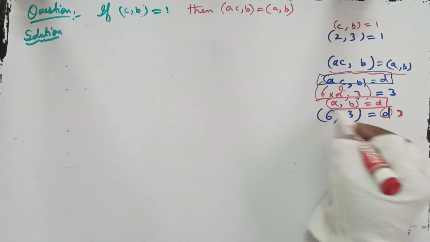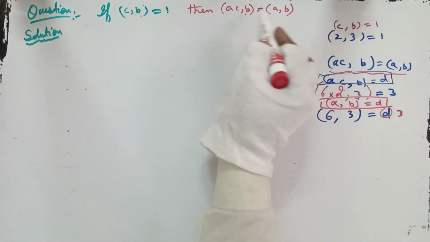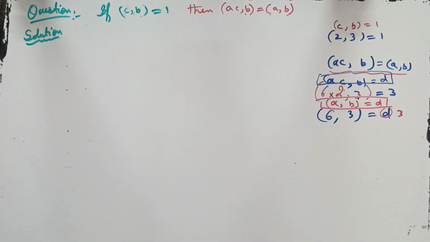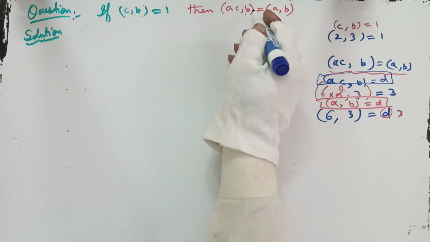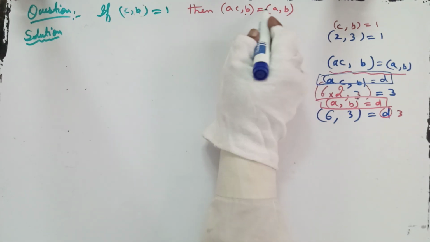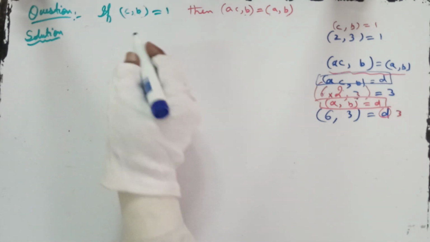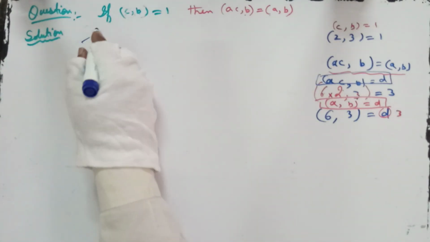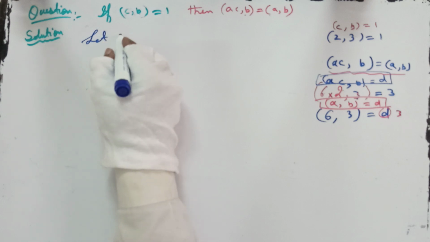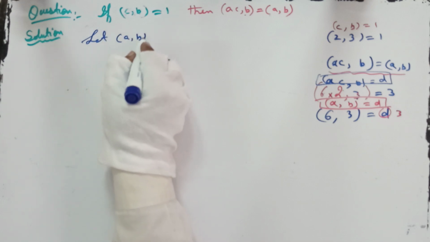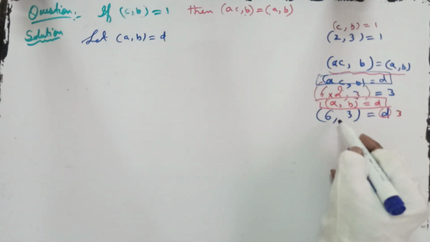We have to prove this: the GCD of AC and B and the GCD of A and B must be equal. We have to prove this. Let the GCD of A and B be D. We suppose it.